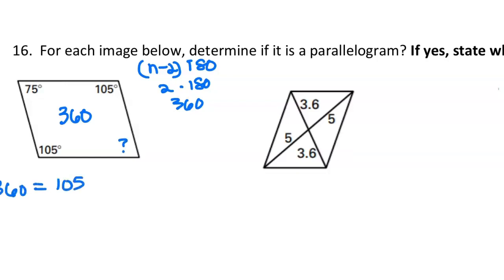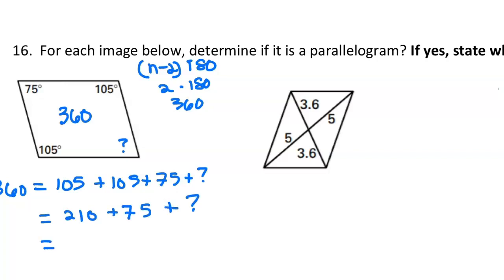So 360 has to equal 105 plus 105 plus 75 plus a question mark. So if I add those all together, what will I get? So let's see. It looks to me like that's 210, 210 plus 75 plus question mark. That's 285 plus question mark. 360 minus 285.